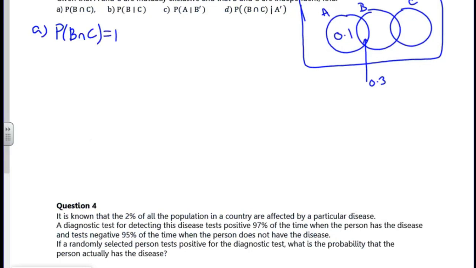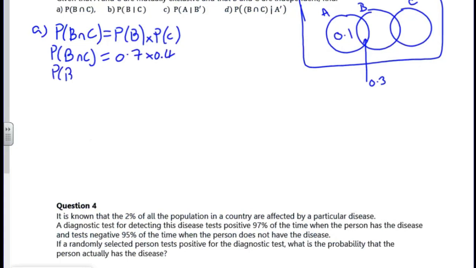So if that's the case, it's B times C. So B and C is 0.28.